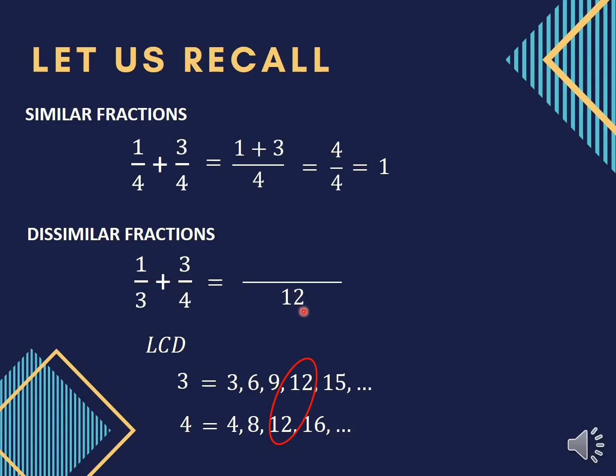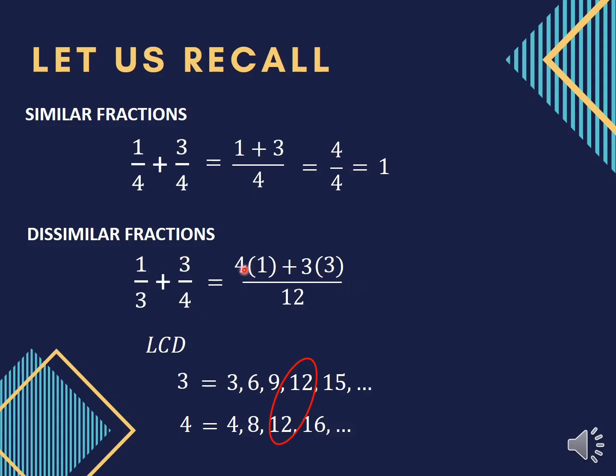So, here we have 12 divided by 3 is 4, times 1 is 4. Then, copy the operation plus, and then we have the second fraction. 12 divided by 4 is 3, times 3.